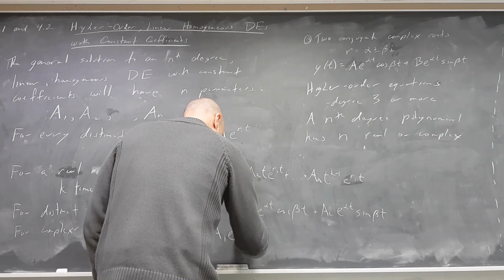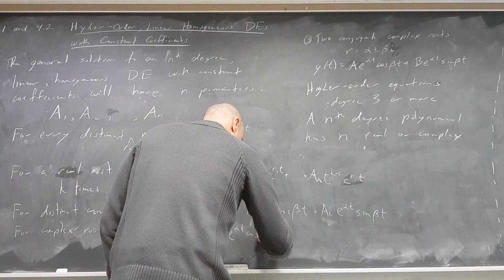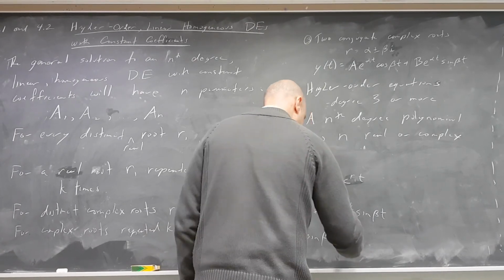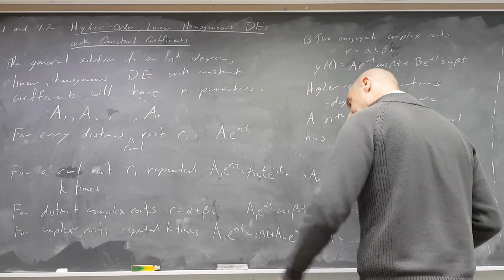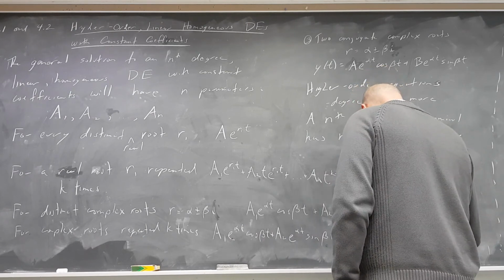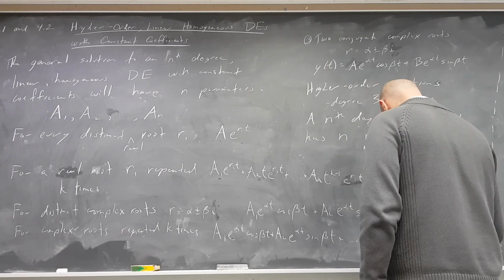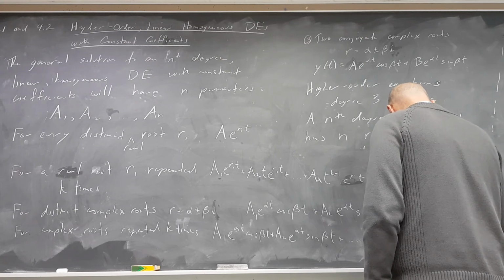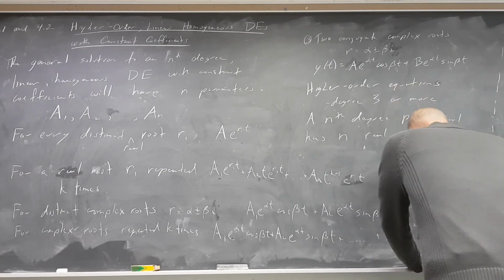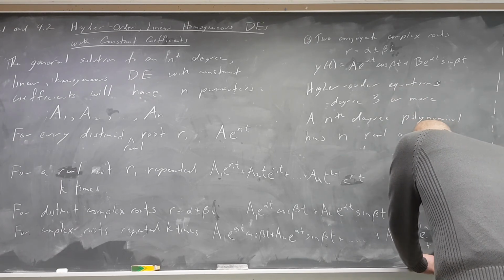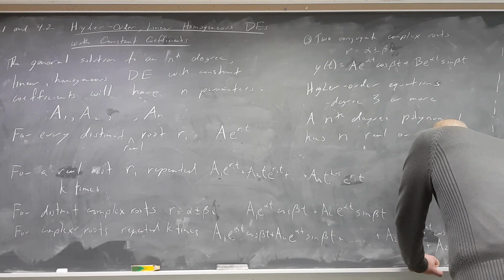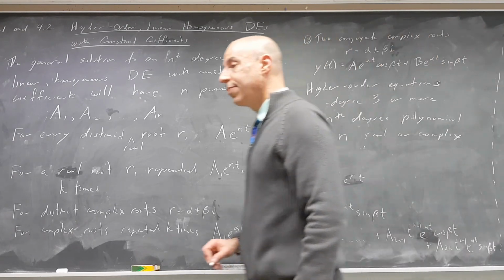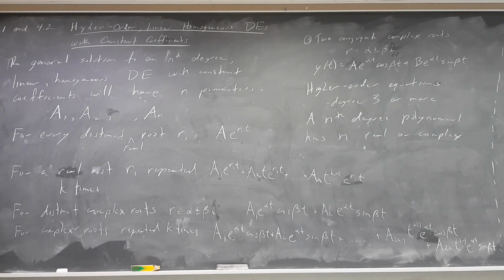A1 e to the alpha t cos beta t plus A2 e to the alpha t sine beta t plus all the way up to, let's see, 1, 2, so I guess that's A sub 2k minus 1 t to the k minus 1 e to the alpha t cos beta t plus A2k t to the k minus 1 e to the alpha t sine beta t. So this is for repeated complex roots.